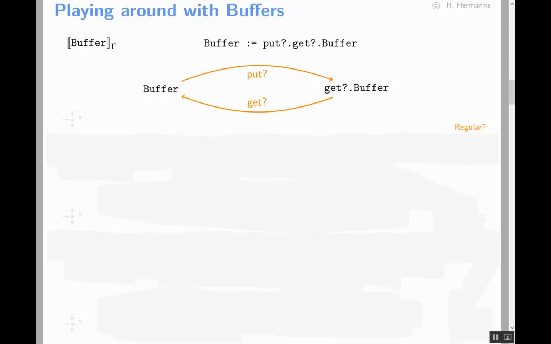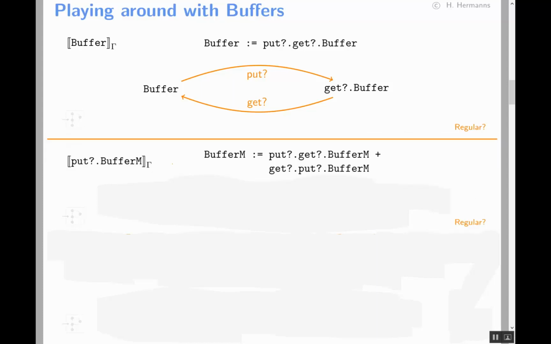Now, what else can we build? Here's another one. This one now says, wow, you can put something in, and then something is in the buffer. And then you can put one more in, you can get it out, or you can get it out directly, but then you can put it back in.